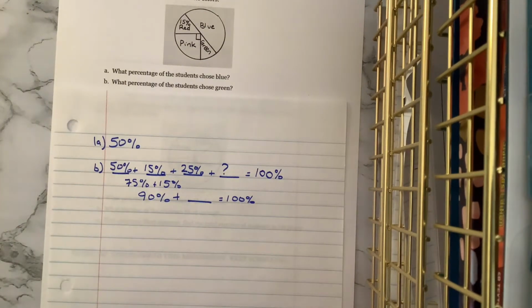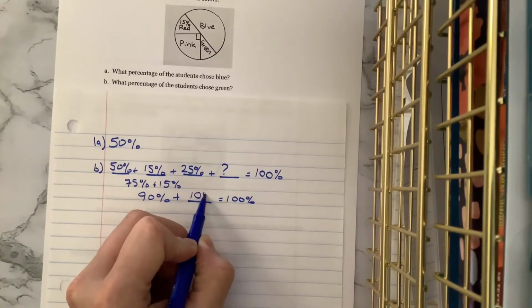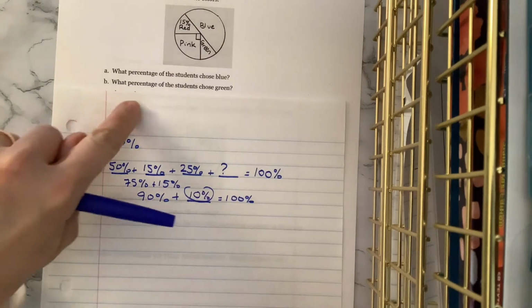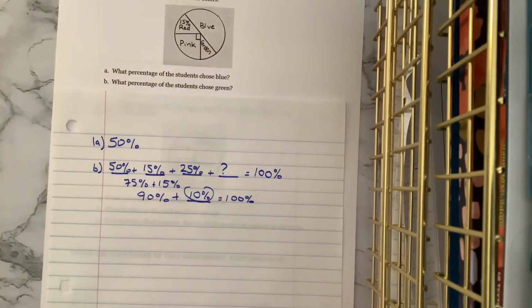So hopefully we're feeling pretty good about our answer of 10%. So the percentage of students who chose green is 10%. And again, maybe at first glance this doesn't seem like we can do it, but remember, you have to use the clues, the cues that we've gotten and the notes that we've taken about pie charts to help.